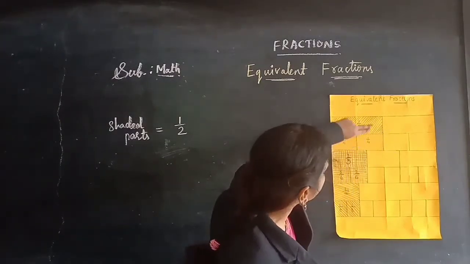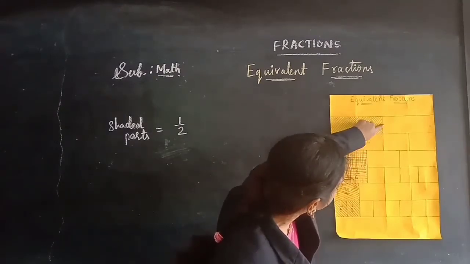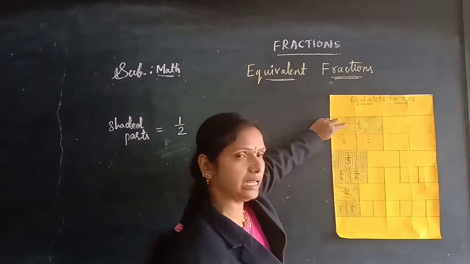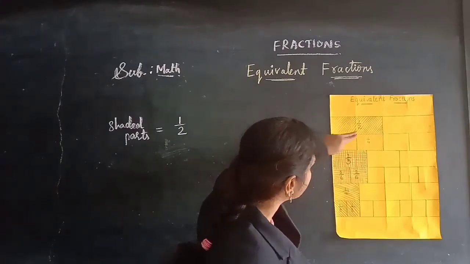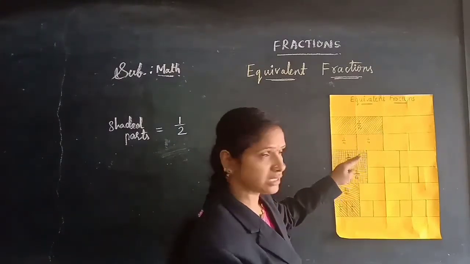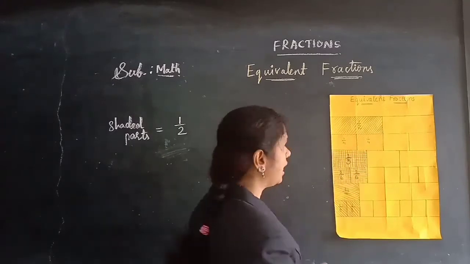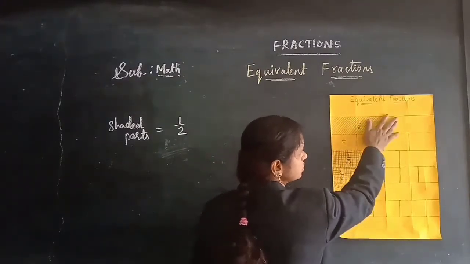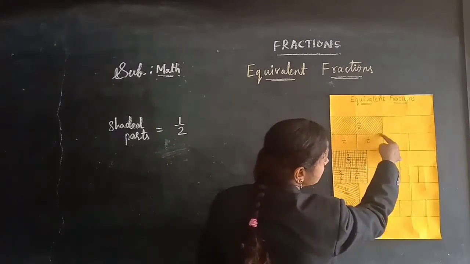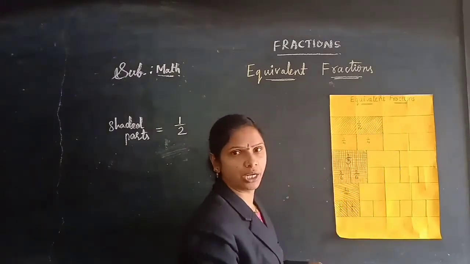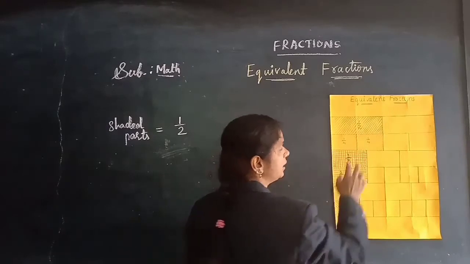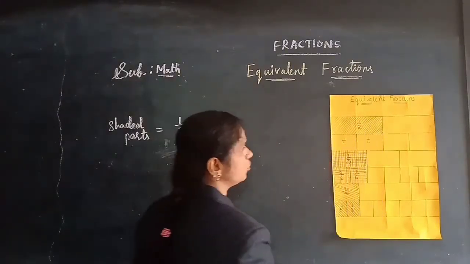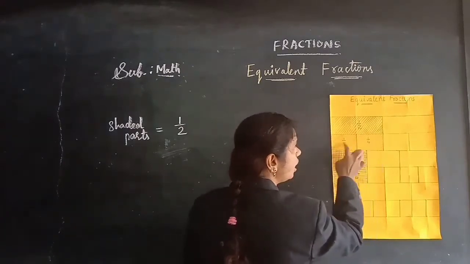Here the second row also shaded parts are equal, children. The first row I shaded with green, and the second row I shaded some parts with orange. When you are comparing these two rows, I shaded equal portions. But what is the fraction for the first row here? 1/2. Coming to the second row here, two parts.